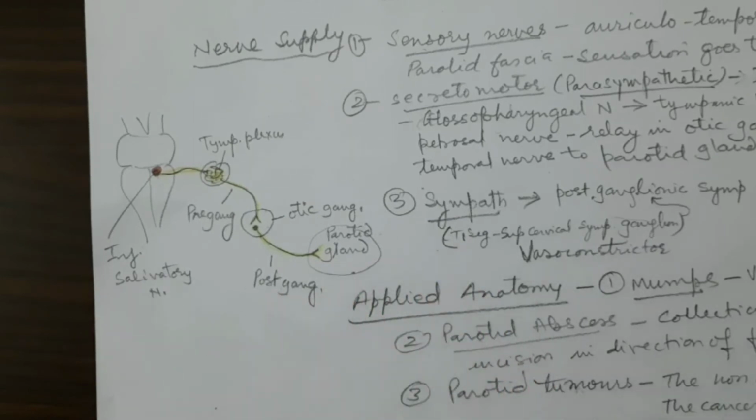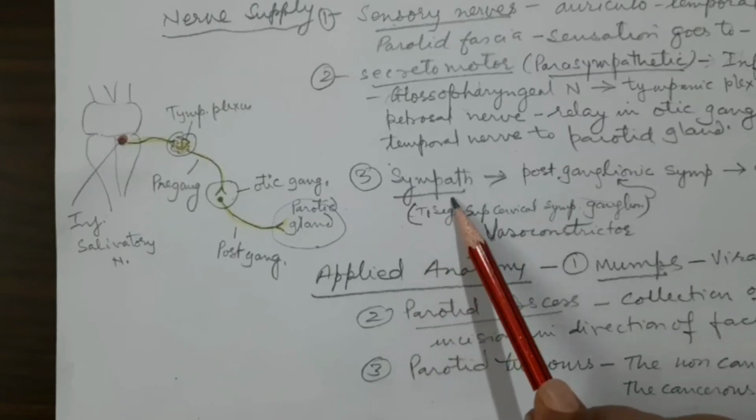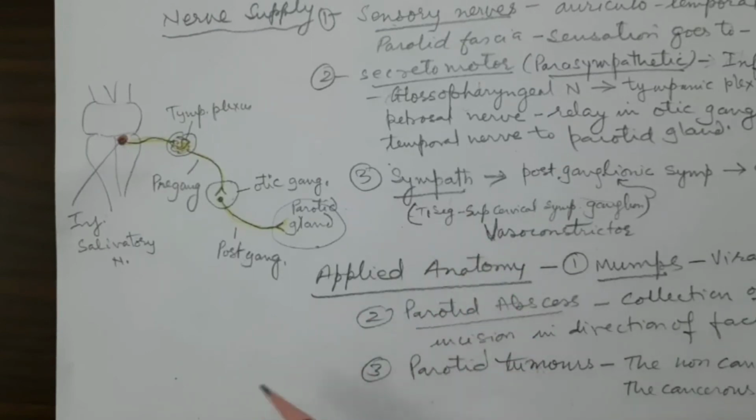The third kind of fibers are sympathetic fibers, and these are the postganglionic sympathetic fibers. If we trace it, the sympathetic preganglionic neurons are located at the spinal cord segment T1, thoracic 1 segment, in the lateral horn, from where the preganglionic fibers will come and they will relay in the superior cervical ganglion.